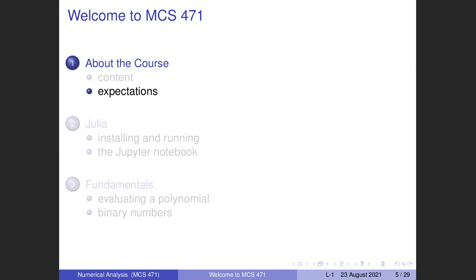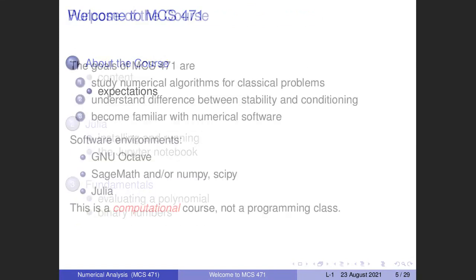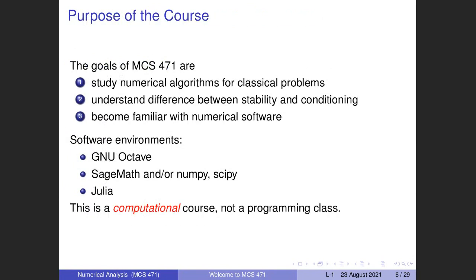So let me now get into the expectations for this course. What is this course about? We are studying algorithms for continuous problems. The first goal is that if you want to solve something, numerical analysis is the way to do it.